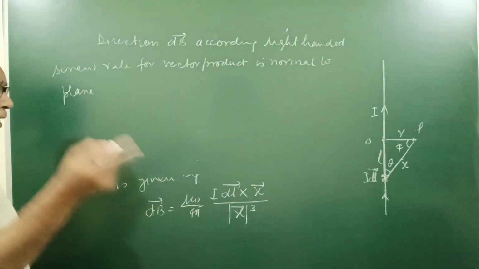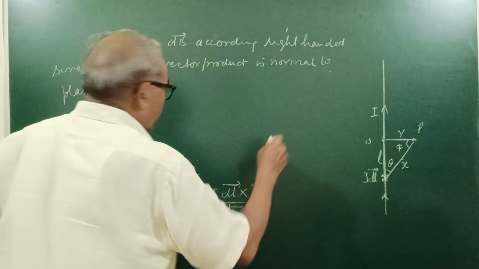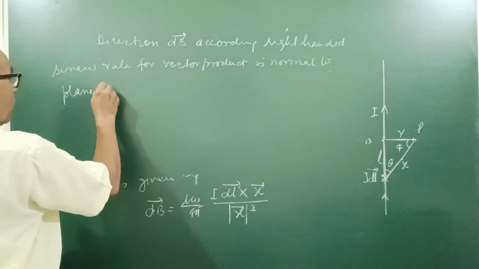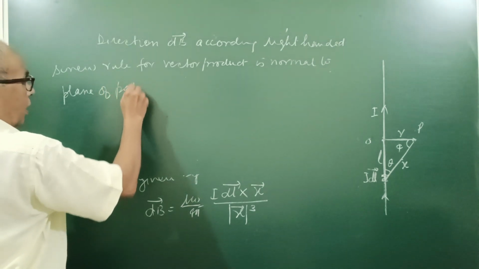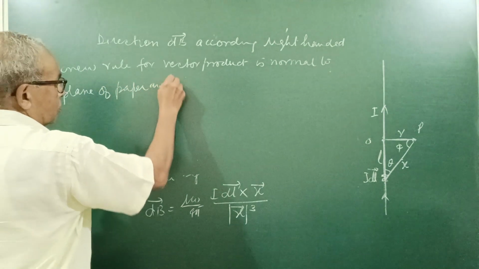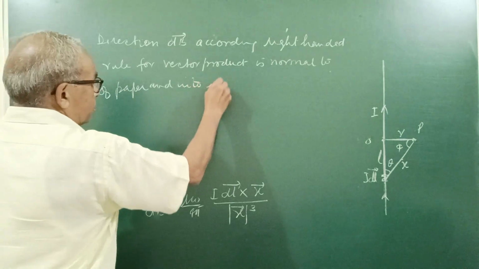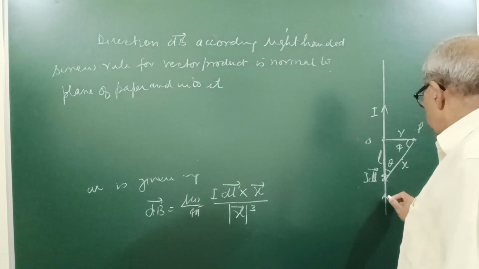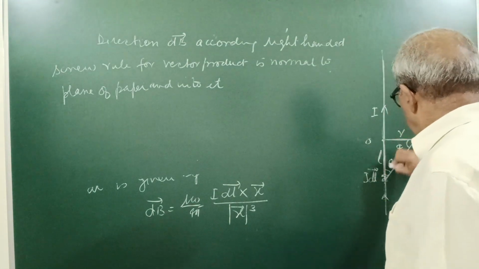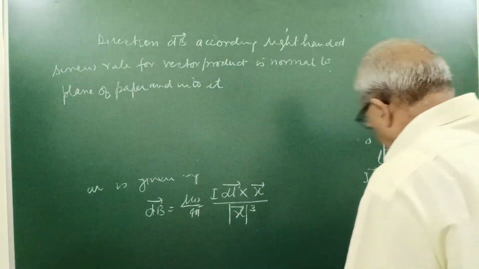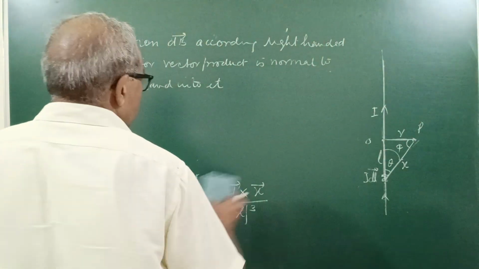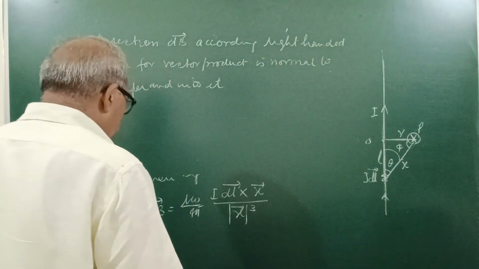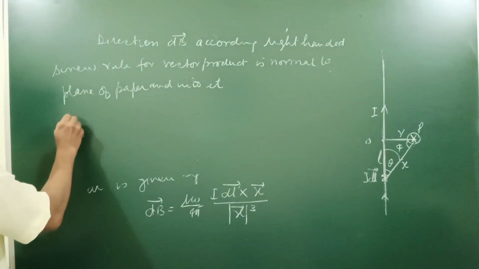You will write plane of paper, because here I assume the board as a plain paper. Plane of paper and into it. Why is it so? dl cross r: dl direction this way, r this way, so dl cross r is clockwise, so the screw goes inside, into it. So we mark a cross.